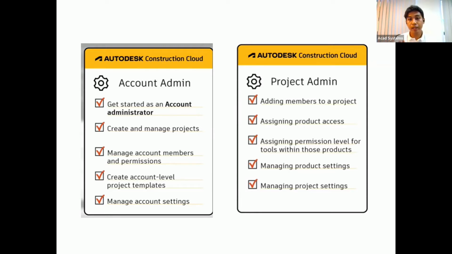These two admins, account admin and project admin, have tasks that they both can do, but the workflow is usually that the account admin will create a project, and then give access to a project admin, and later the project admin will expand the team and add all those team members.